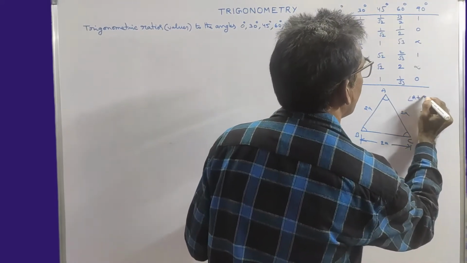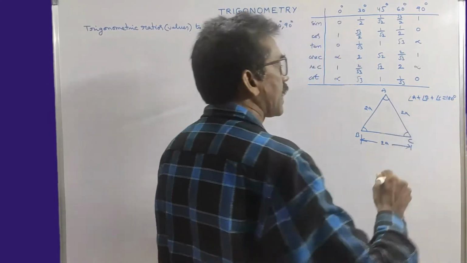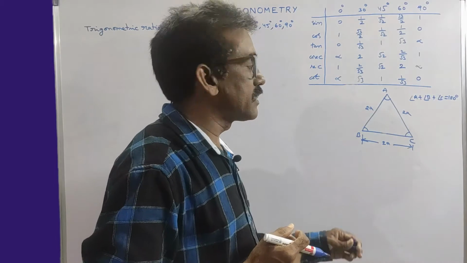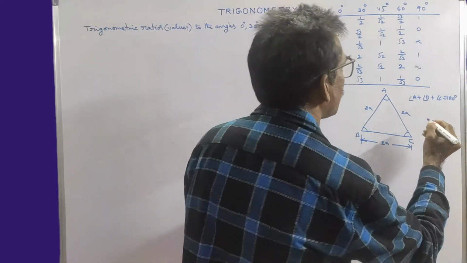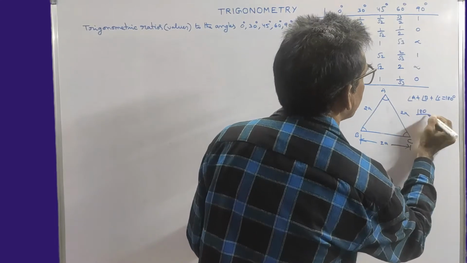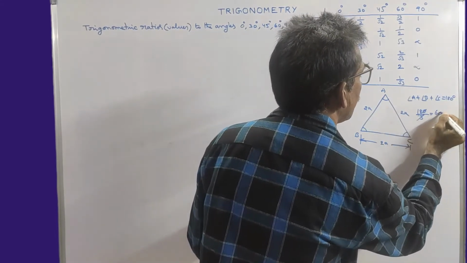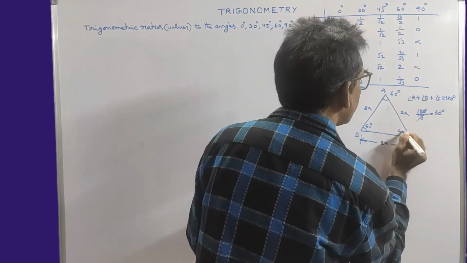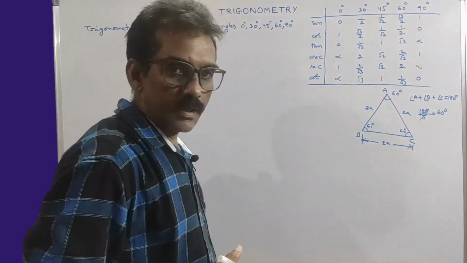Angle A plus angle B plus angle C is 180 degrees. That is the triangle property: the sum of the angles of a triangle is 180 degrees. The three sum to 180, but each is equal, so the three angles share it equally. That is 60 degrees. So A is equal to 60, B is equal to 60, C is equal to 60.